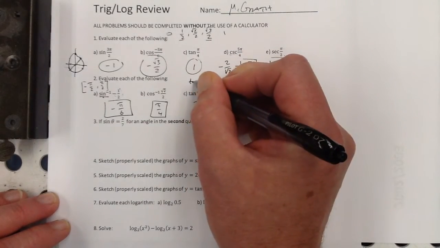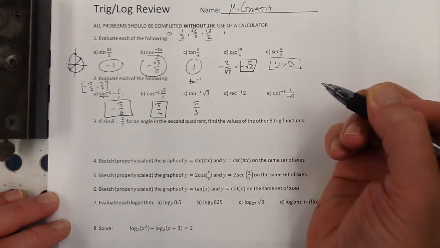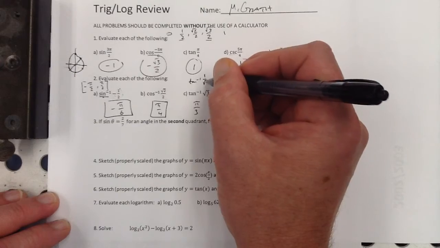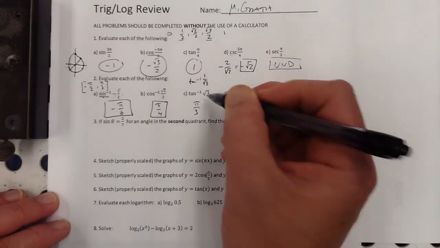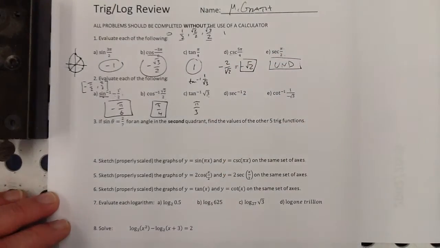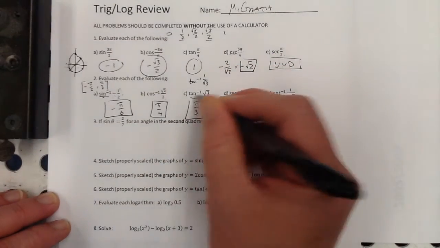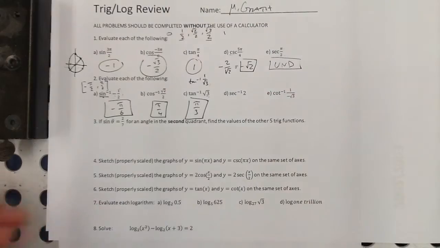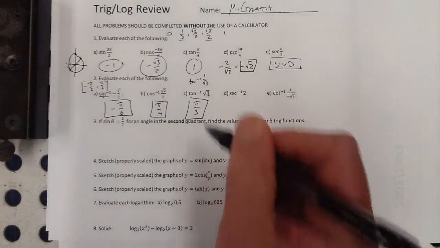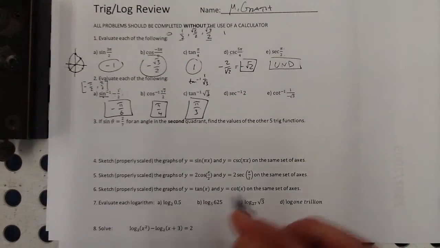The tangent inverse of 1 over the square root of 3, or the square root of 3 over 3, another way of writing that, is pi over 6. That's the one that's smaller than 1, and then at 1 it's pi over 4, and when you get to the square root of 3, that corresponds to pi over 3.